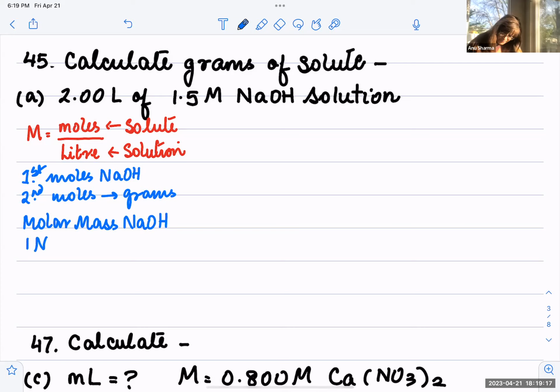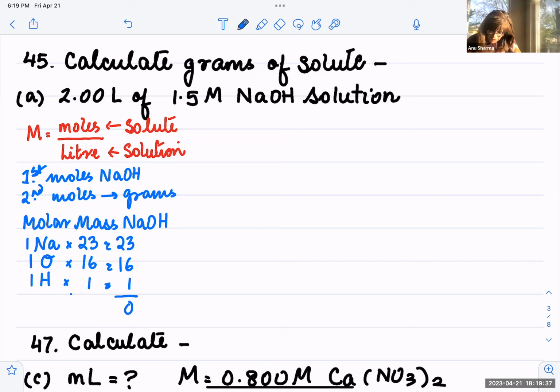1 sodium, 1 oxygen, and 1 hydrogen. Sodium is 23 grams, oxygen is 16, and hydrogen is 1. So all this adds up: 23 plus 16 plus 1, that is 40 grams per mole.